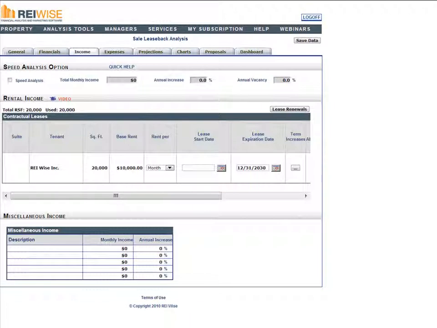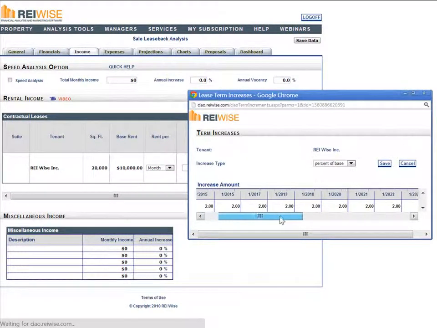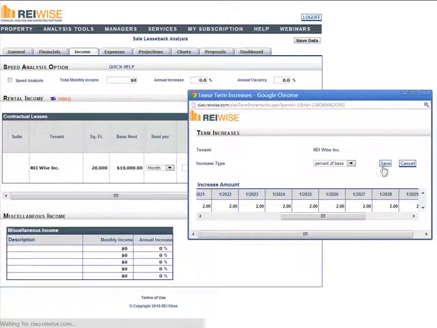Please note here you want to enter in the base rent, and you also want to enter in an expiration date past the term of your analysis. You also want to include any of the increases that you have between now and the end of the lease. These can be assumptions based on the market rent that you expect to pay if you are to sell the property and lease it back.